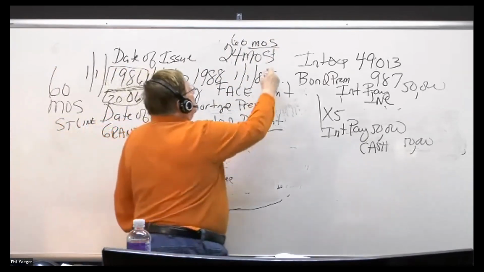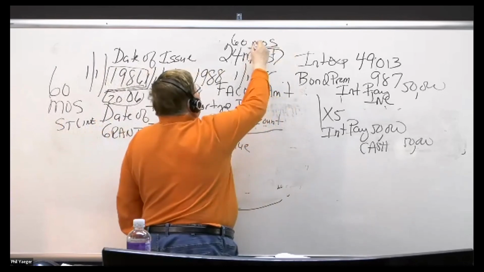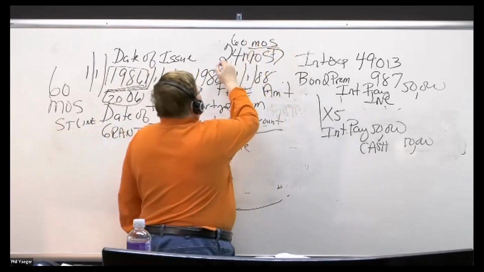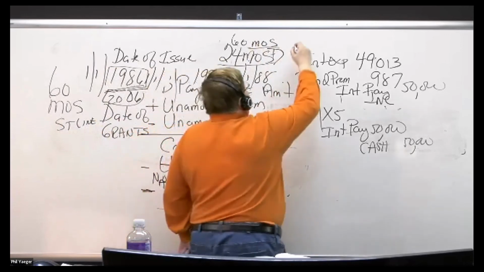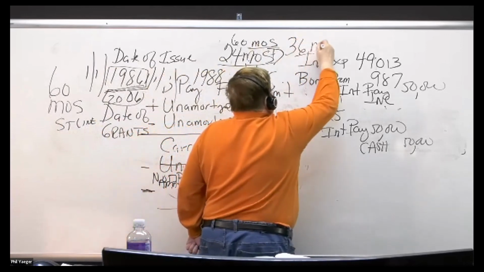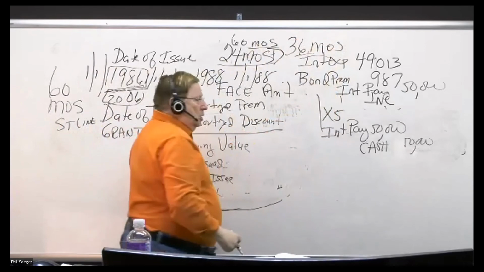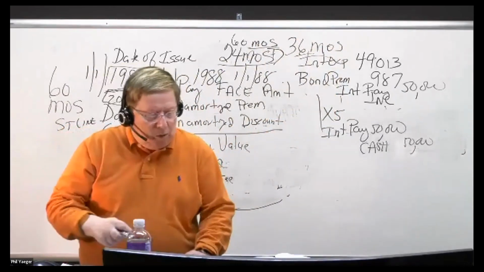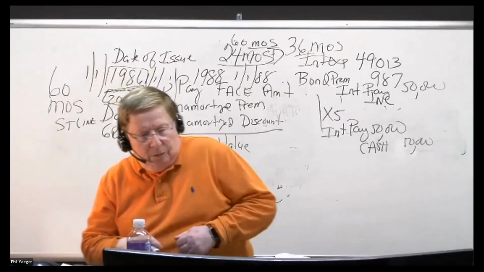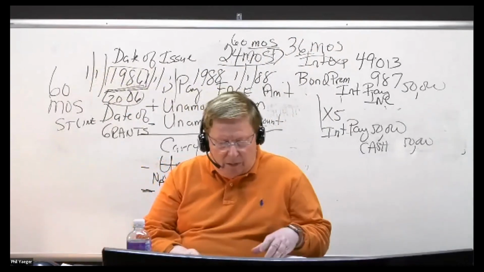So if I bought them 24 months after the date of the bond contract, now I'm going to amortize these bond issue costs over 36 months. Has everyone got that? Does that make sense?